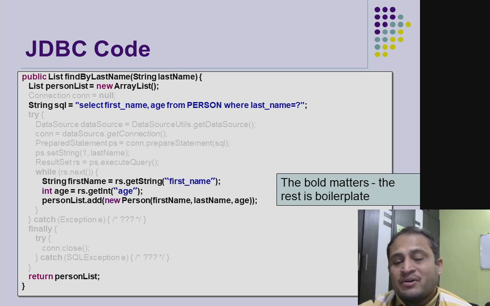Only whatever minimum things are required to make your method more effective and complete, you need to do in your code. Rest all, everything the JDBC template would give for you.